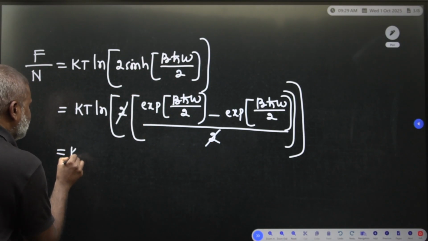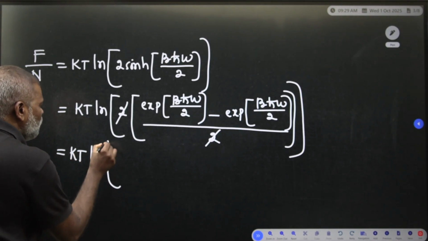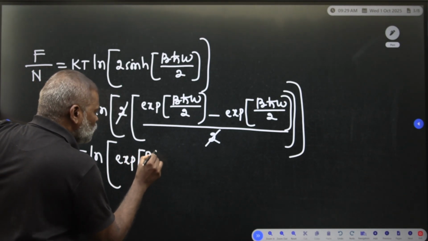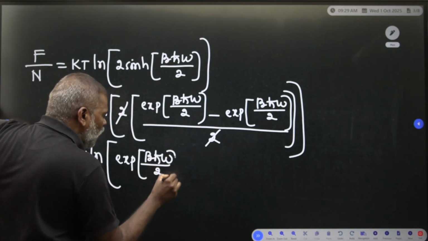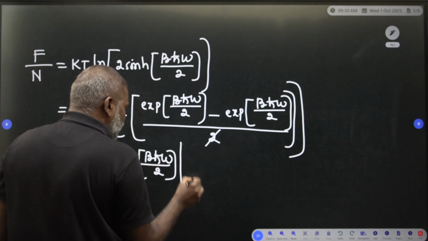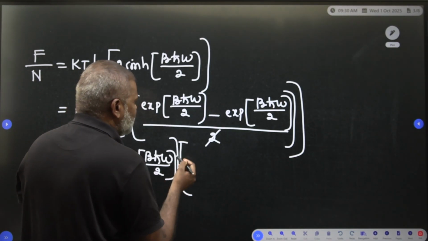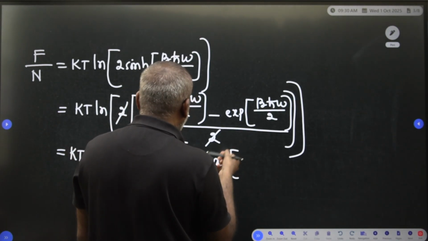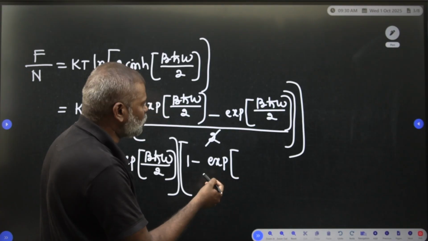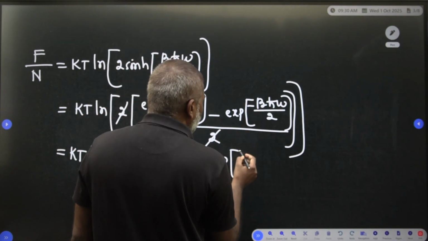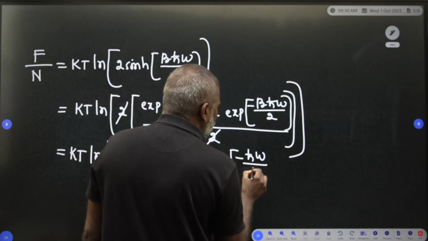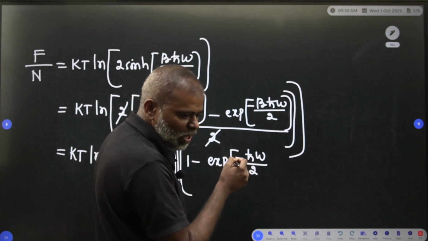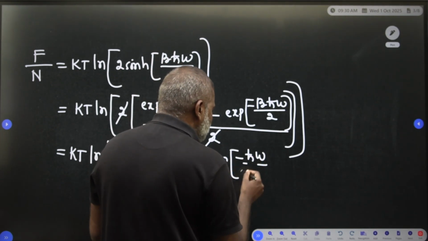Therefore, kT into ln, we are going to write exponential of beta h cut omega divided by 2, which you have to take outside, into 1 minus exponential of minus beta h cut omega.